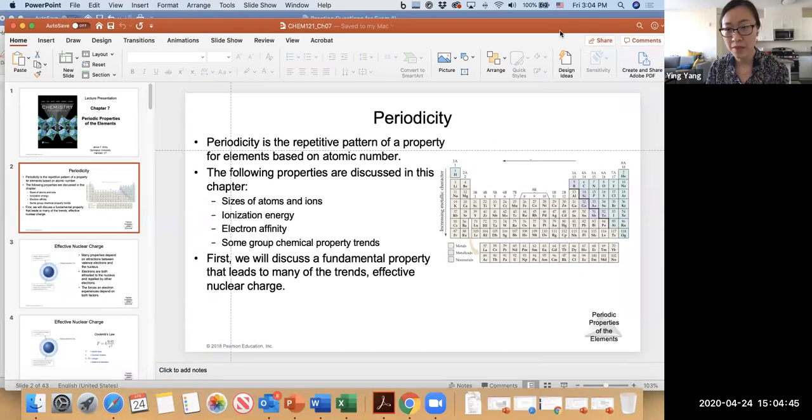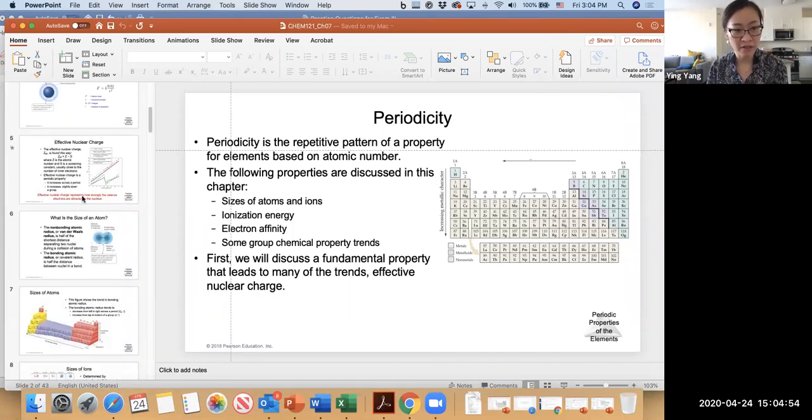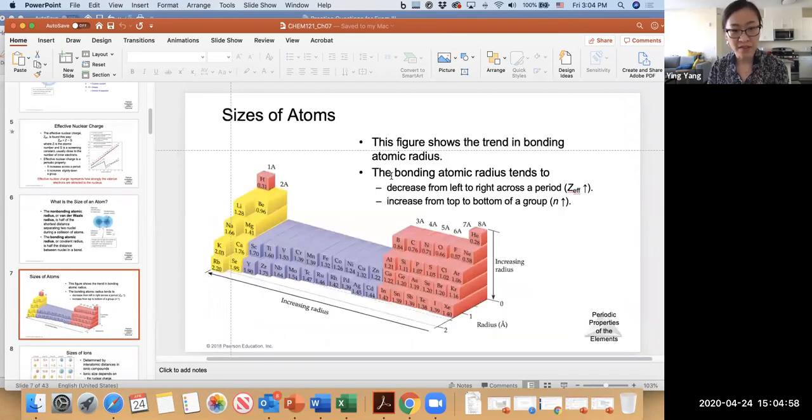and then go to periodicity. Let me minimize this, move it up. So periodicity, and then we go down. We first talked about effective nuclear charge, and then we talk about the size of atoms.